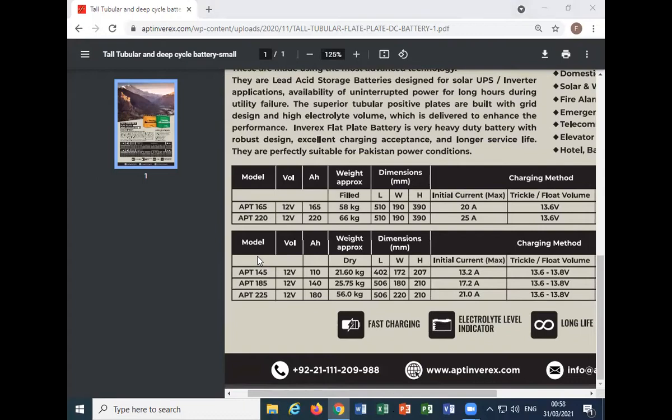Okay. Let us turn on the spotlight. Now look, this is a 165. It's a model number. This battery is a 12 volt battery, and it has 165 ampere hours. Now this company has mentioned on the previous page that this is a 20-hour battery. So you can find out the rated discharge current in this way.